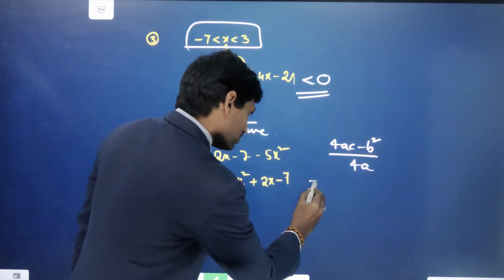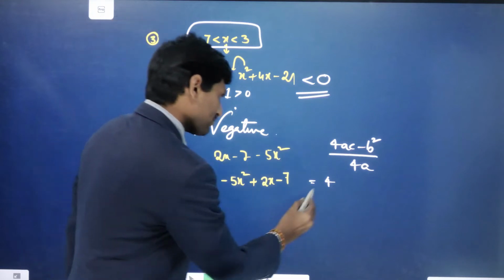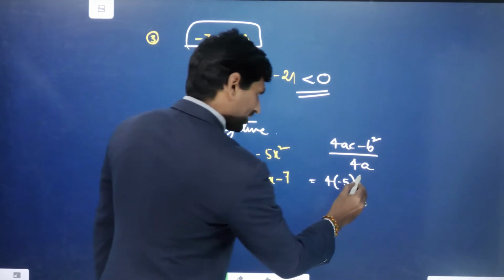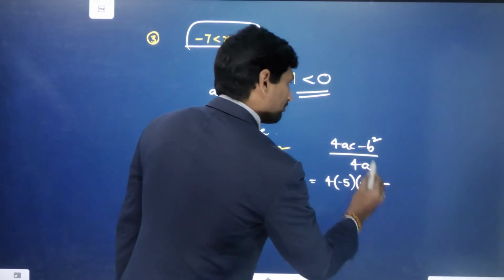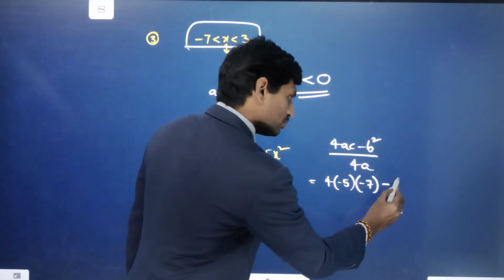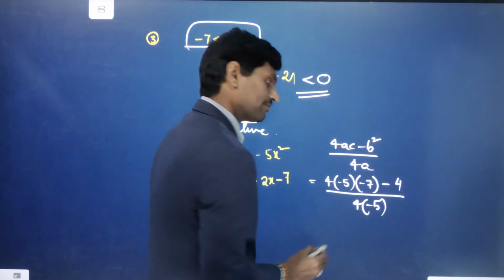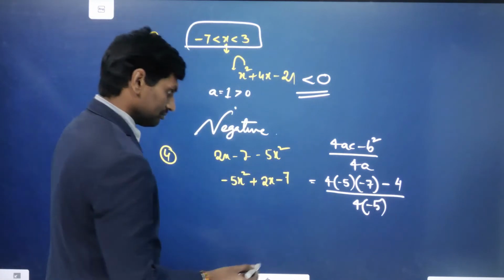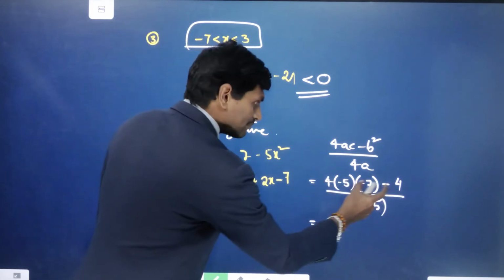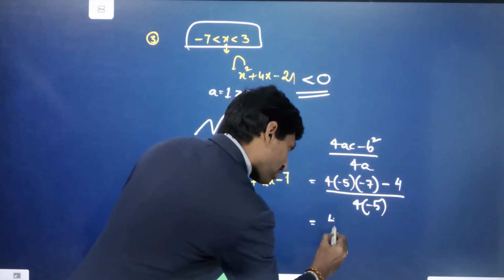Substitute. So 4 into a value, which is the x square coefficient, minus 5, and c value is minus 7, minus b square. B is the x coefficient, 2, 2 square value is 4, divided by 4 into a value minus 5. Okay. Let us check. Both terms in the numerator have 4 as a common term, so let us take 4 as common.